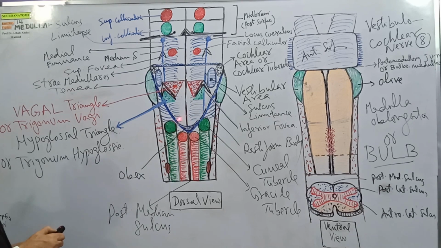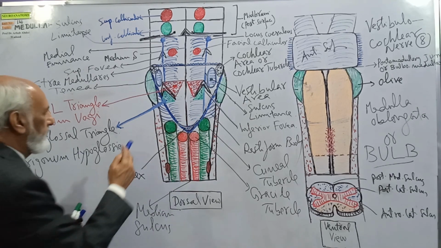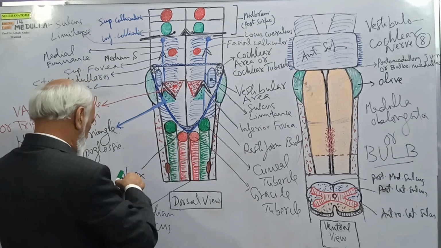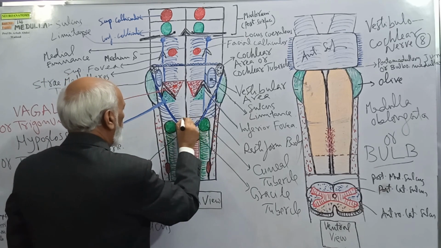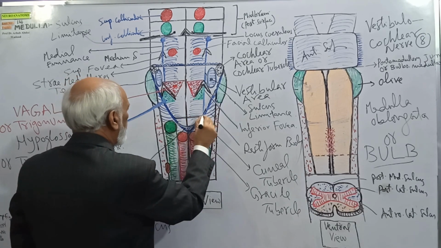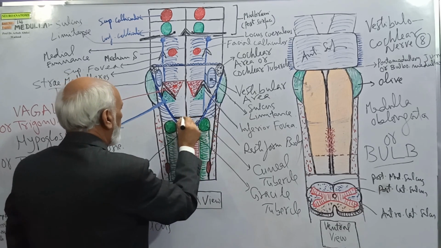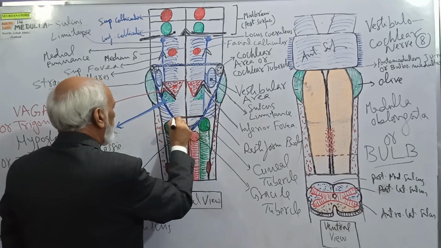Now, in the lower part of the open portion of the medulla oblongata, there is a white band known as the funiculus separans, above the apex of this triangular area.